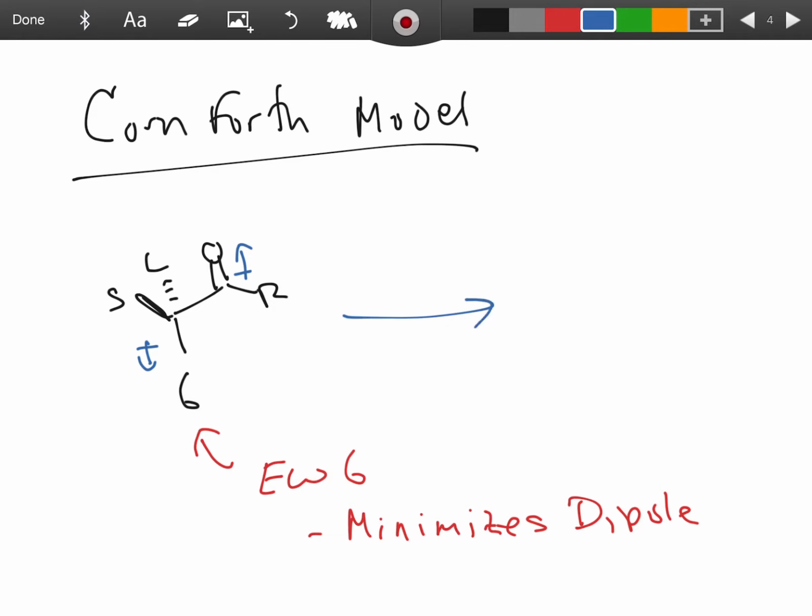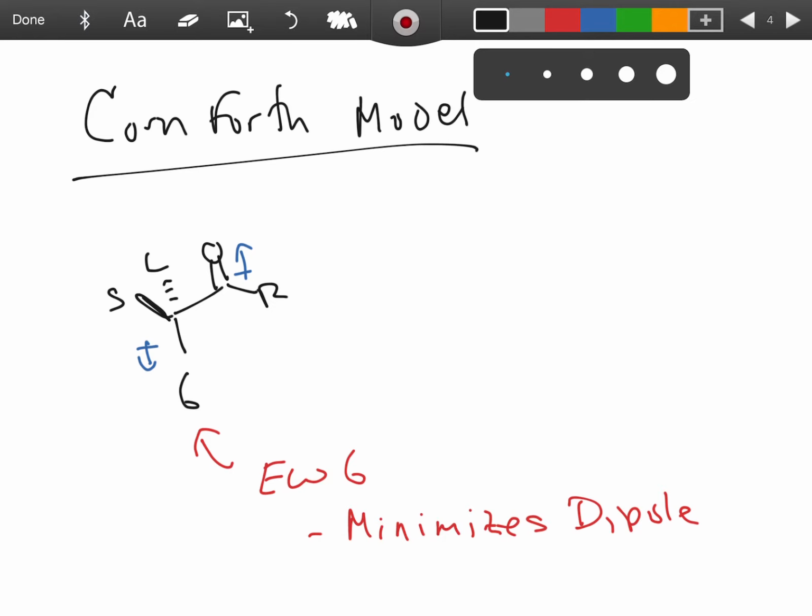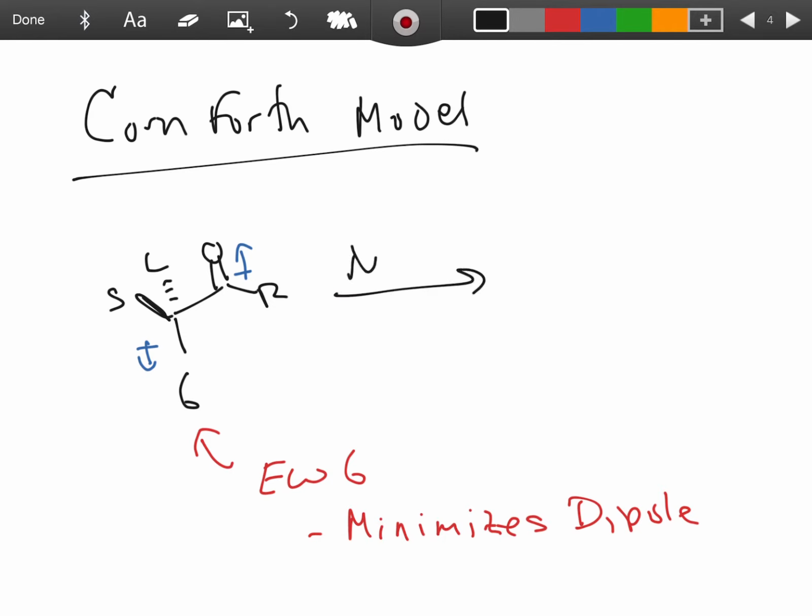So when you add your nucleophile, it's going to be on the same side as the small group. So it's going to push your oxygen back, leave our R group in plane. We're going to put our nucleophile on the front.